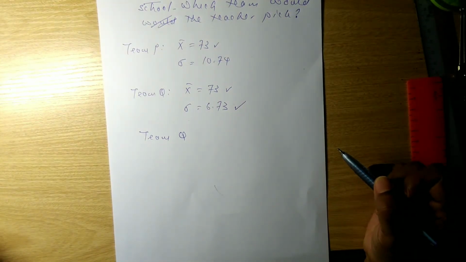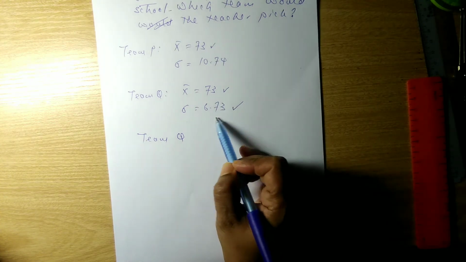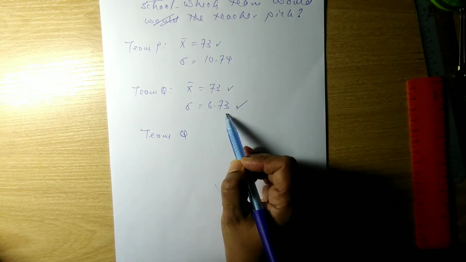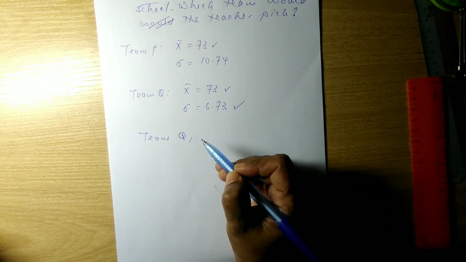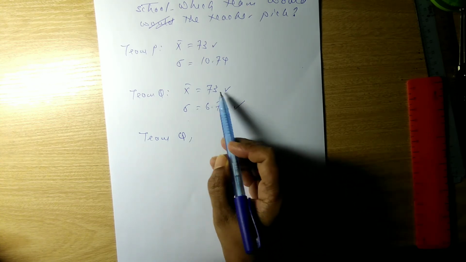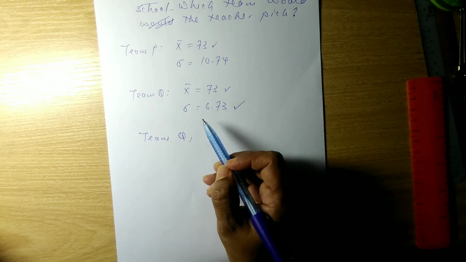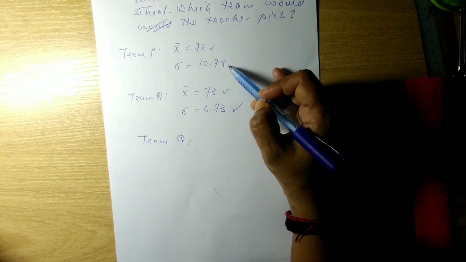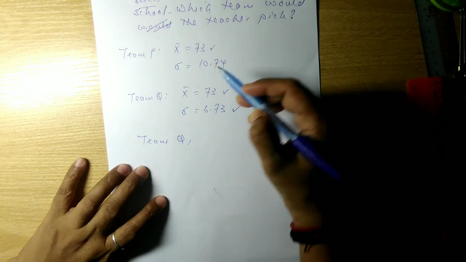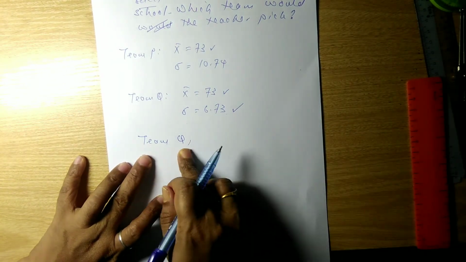That is why the value is smaller. When you want to pick a team for any competition, the smaller the value, the better, because their results are more consistent compared to a team with a bigger standard deviation.